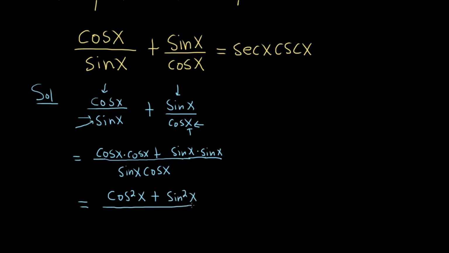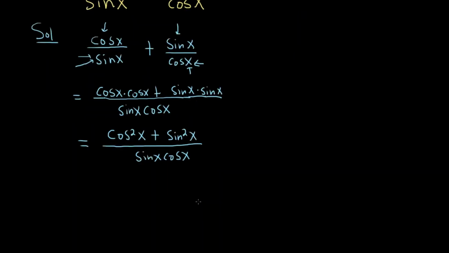It's all being divided by sine x cosine x. And this is everyone's favorite identity. It's like the one identity that everyone knows. Cosine squared plus sine squared is equal to 1 all over sine x cosine x.